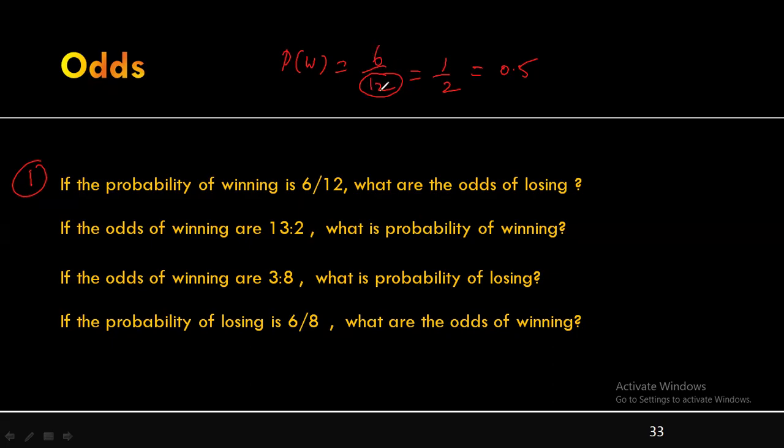Out of 12, I won 6 times, so 6 times I lost. So the probability of loss is 1 minus 6 over 12. In this case it is 6 over 12, and again it is 1 by 2, which is 0.5. Is it clear?